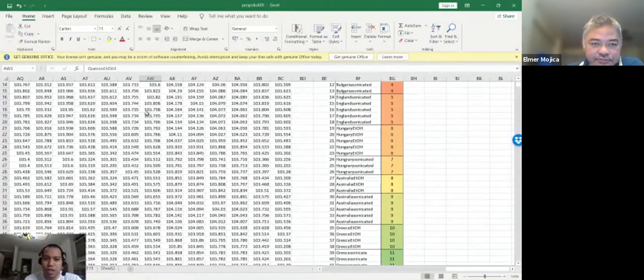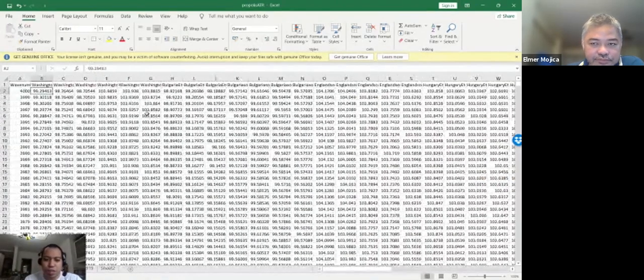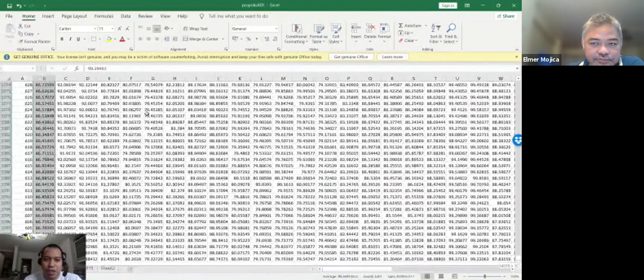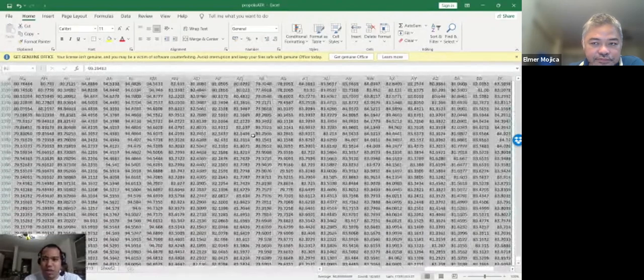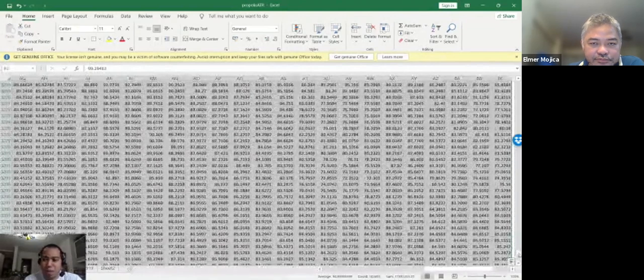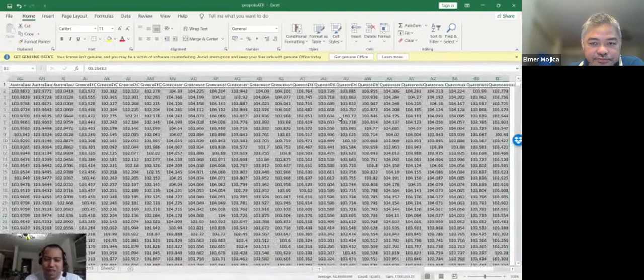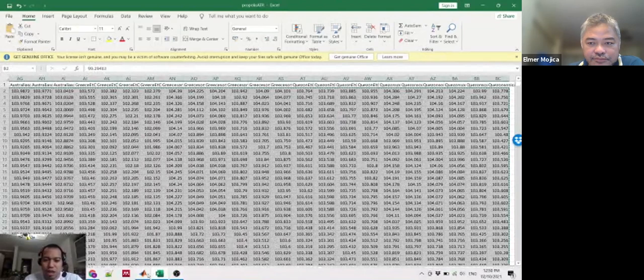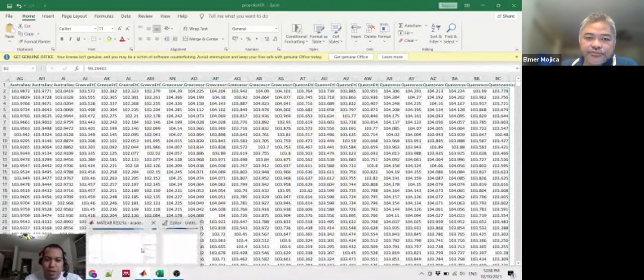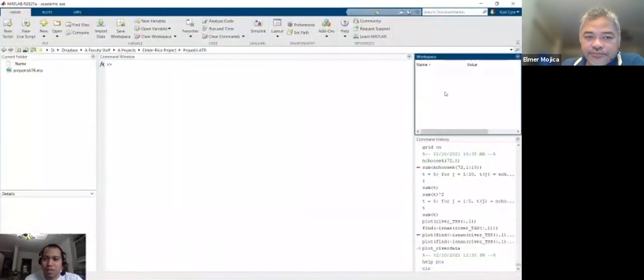So, una ko pong gagawin is from here, I select all the data. Okay, then copy. Tapos, I have MATLAB open already. Okay, then dito, I'll right-click sa workspace.